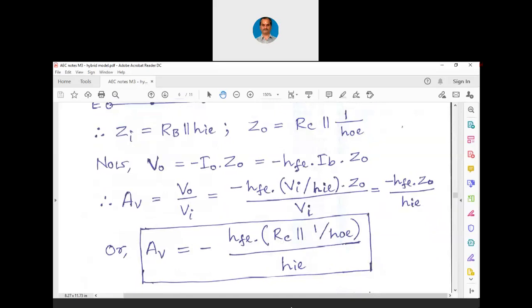Now relate this with the RE model. What was the equation for the voltage gain in the regular small RE model for base bias? Anybody recalls?